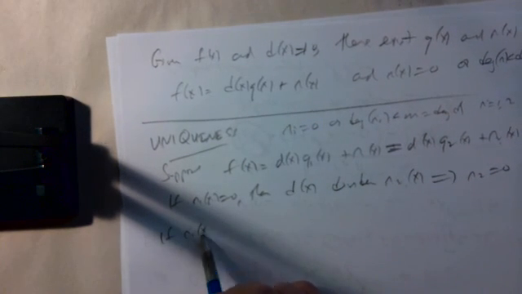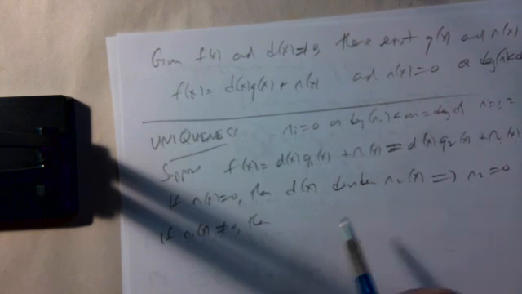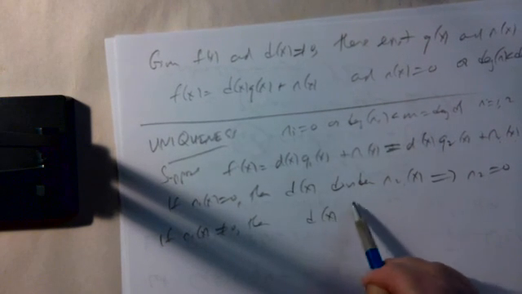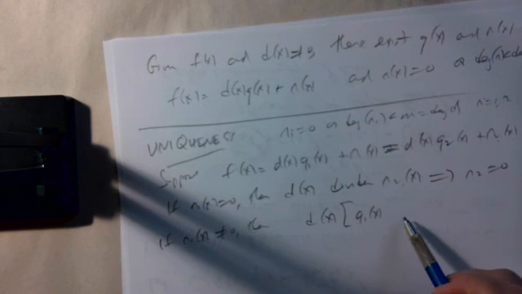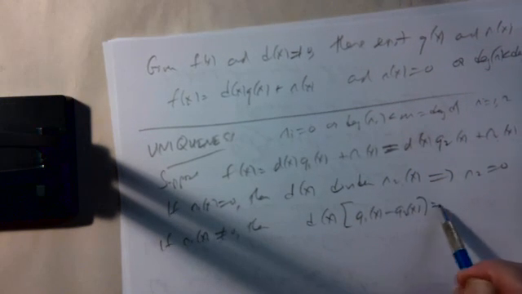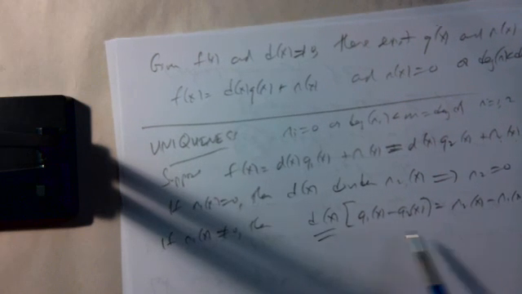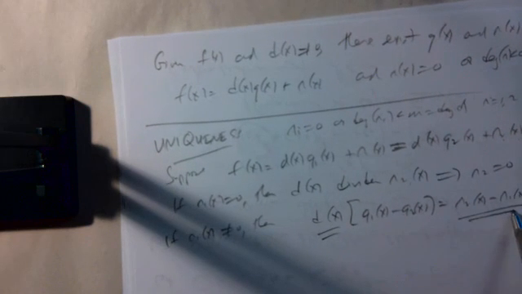If r1 of x is not 0, then if I rearrange this equation, d of x times q1 of x minus q2 of x is r2 of x minus r1 of x. So d of x divides this polynomial. These are each polynomials of degree less than m.